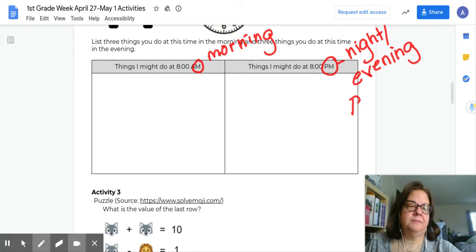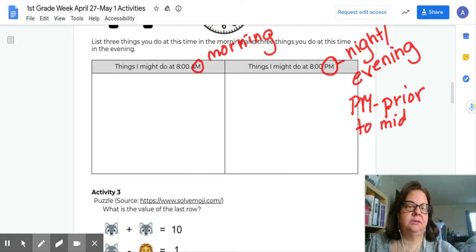So what that really means is p.m. stands for prior to midnight, or before midnight.